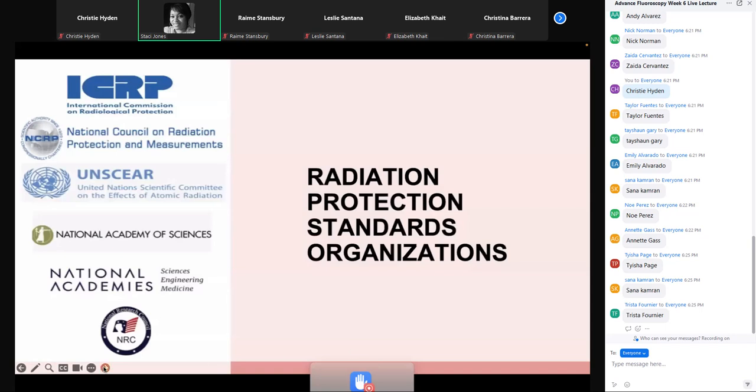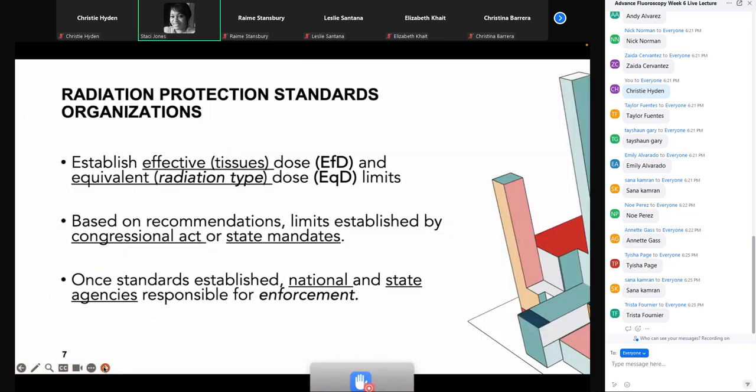The first organization we're going to talk about is the ICRP. But before we get into that, what these organizations do is establish effective doses and equivalent doses. They establish limits for both of those.